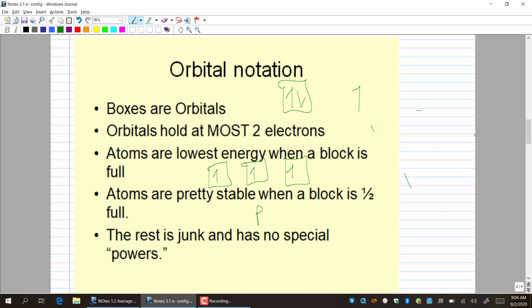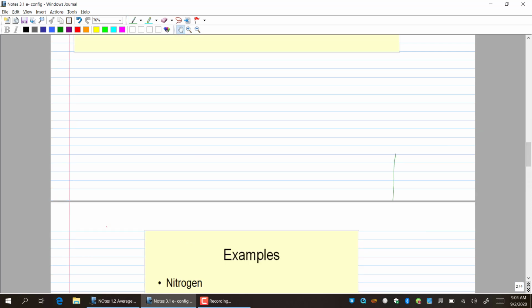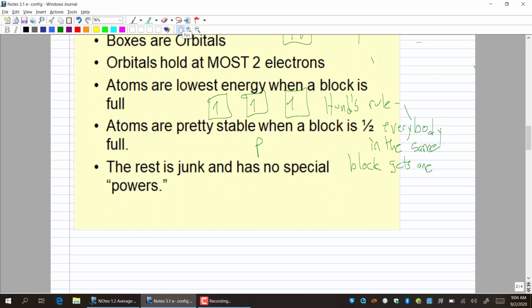Did you notice on orbital notations, this part right here is called Hund's rule. Everybody in the same block gets 1 before an orbital gets 2.